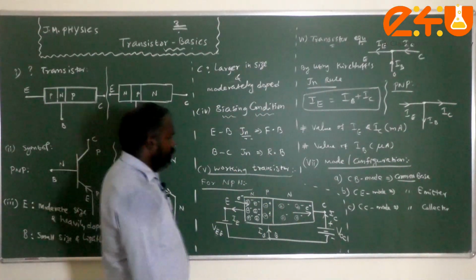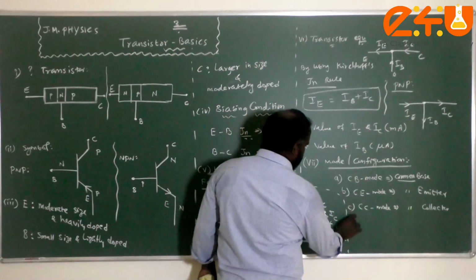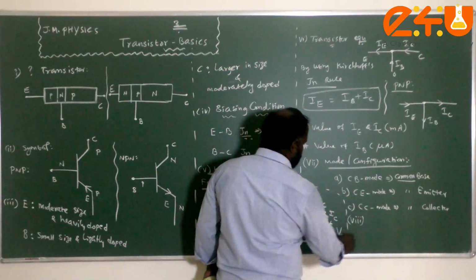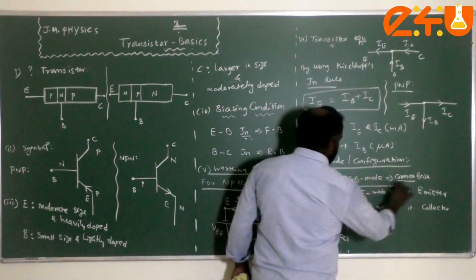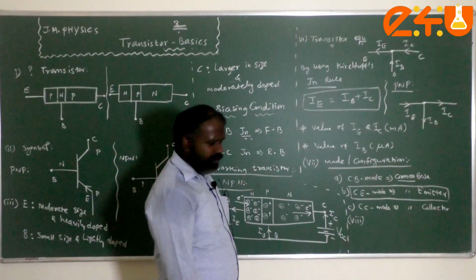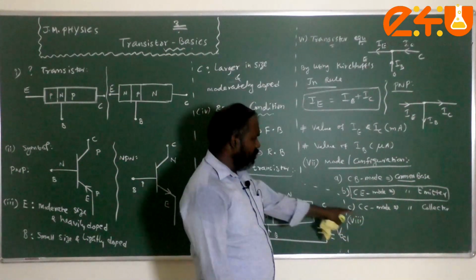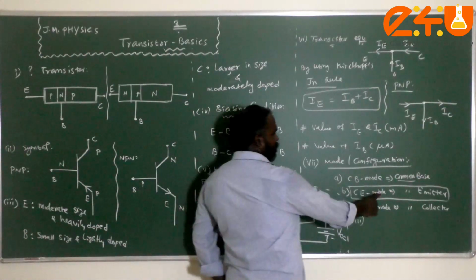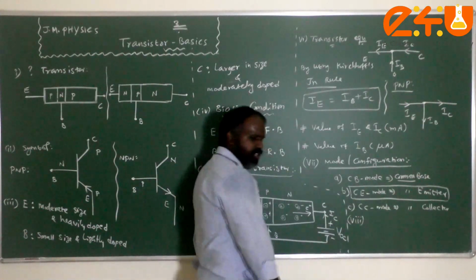Okay, children. In our syllabus, we will restrict ourselves to the common emitter mode or configuration only. The seventh one, I am going to draw is the common emitter mode configuration circuit diagram.